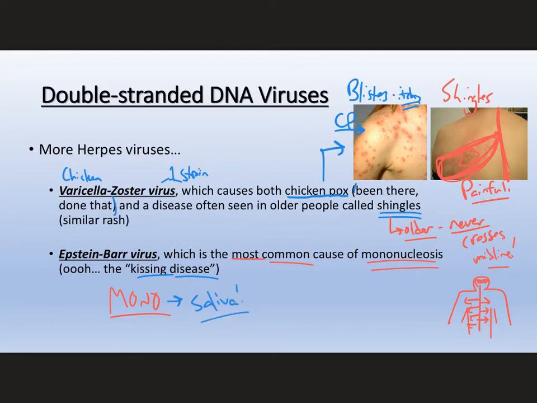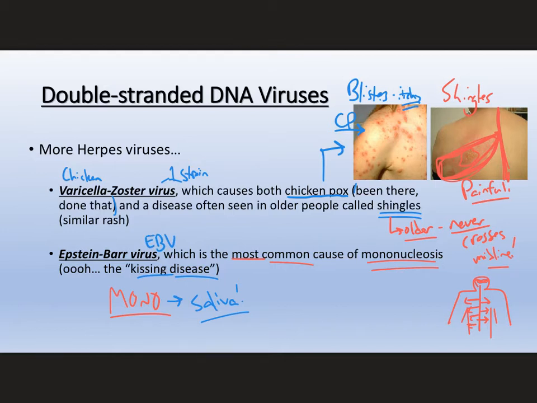So certainly kissing people, but also eating after each other, drinking after each other, things like that is an easy way to spread mono. Like I mentioned, mono can be caused by a couple other things. There's a virus called cytomegalovirus that also will cause it. But Epstein-Barr or EBV is the most common thing that we see causing mono.